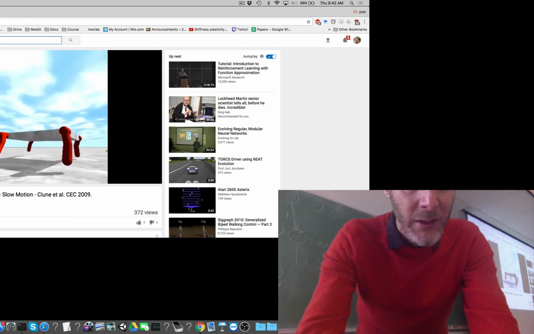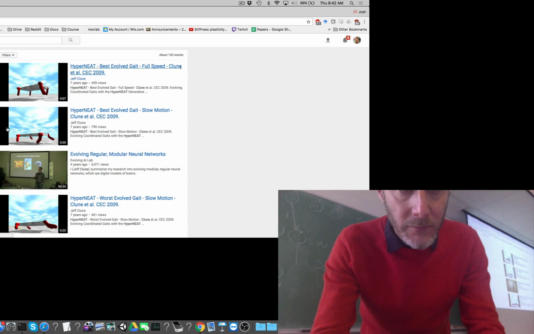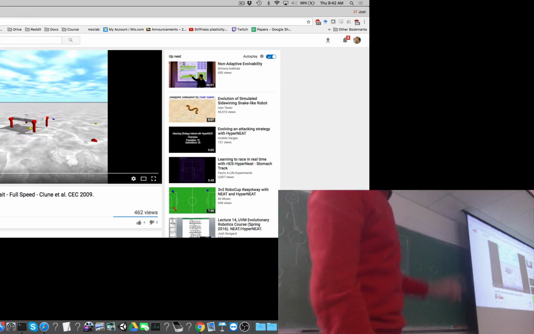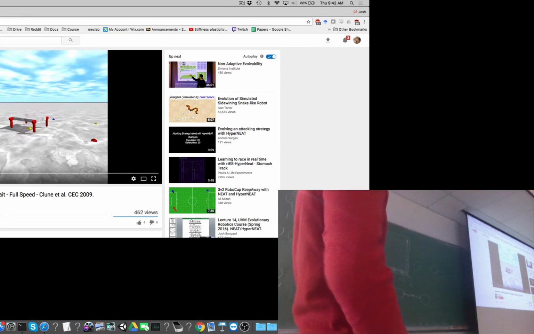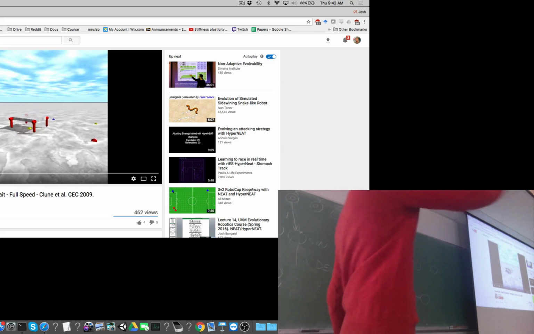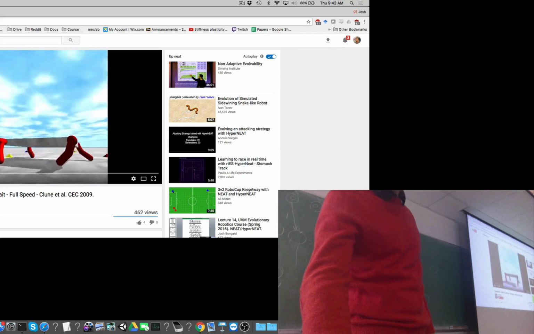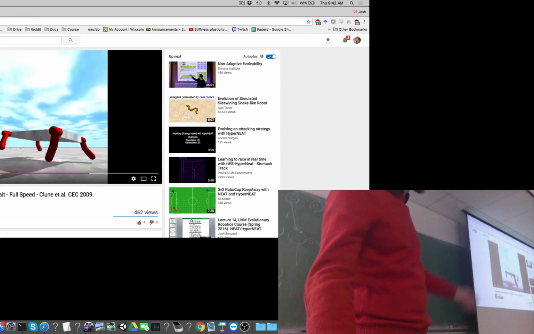Let's see if I can find the other one for you. Okay, so now this is the best gait that was produced using HyperNEAT, where they were using CPPNs to paint regular patterns across the neural network. This one's not slowed down.